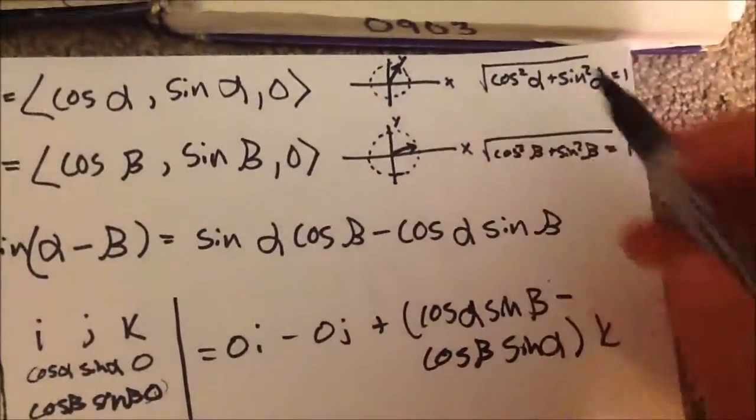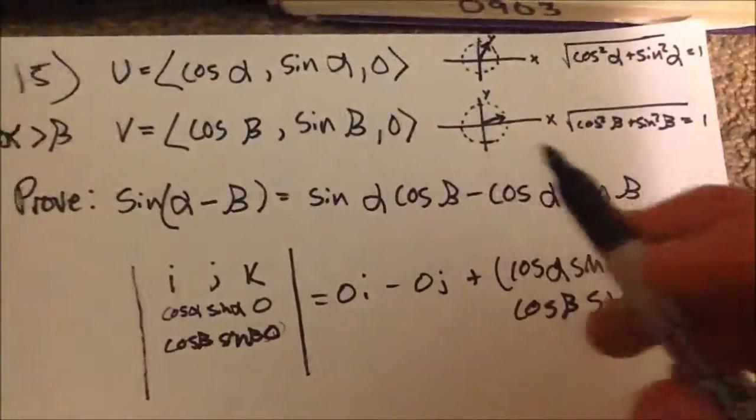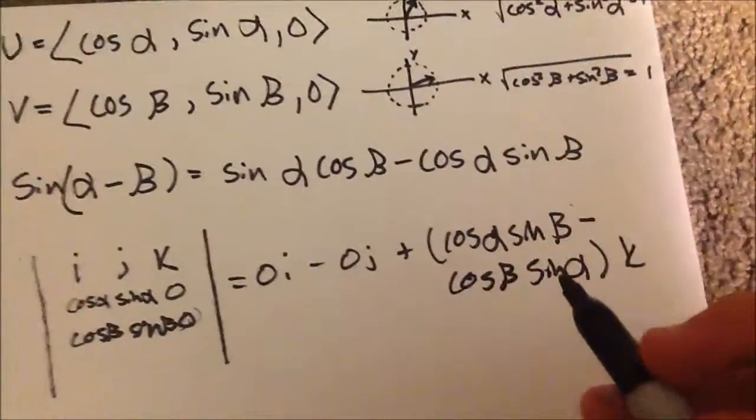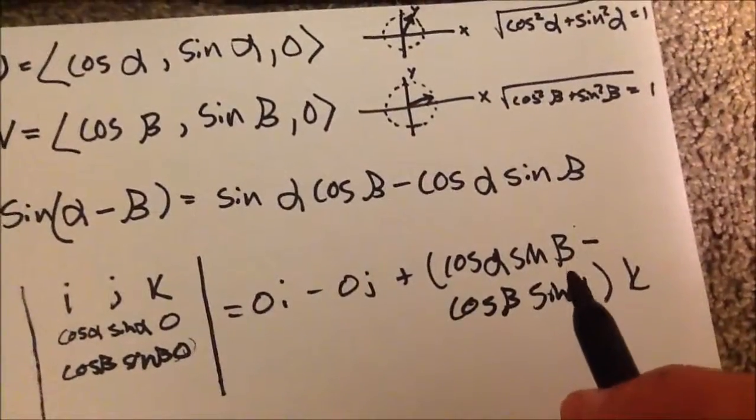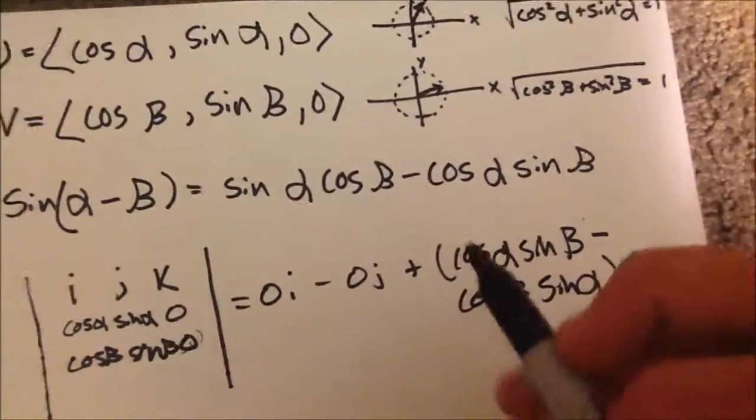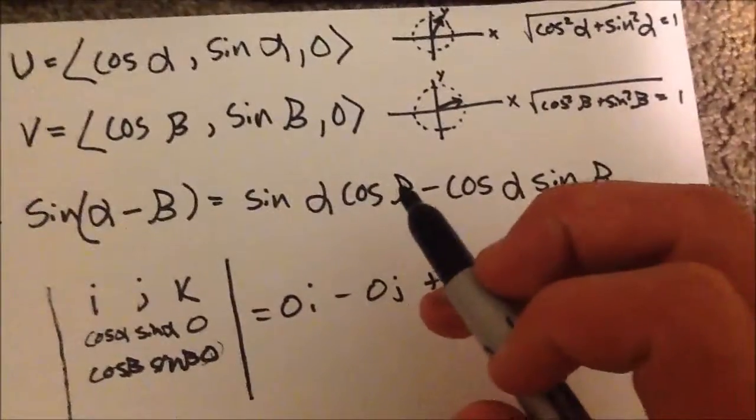Now, how do we relate this to the information that we've already figured out in order to prove this identity? Because right now, this looks an awful lot like this. The only difference is that this is this times -1. So we're going to figure this out here.